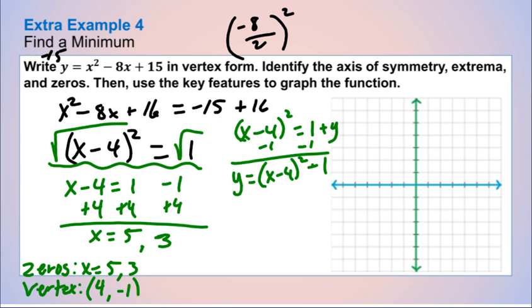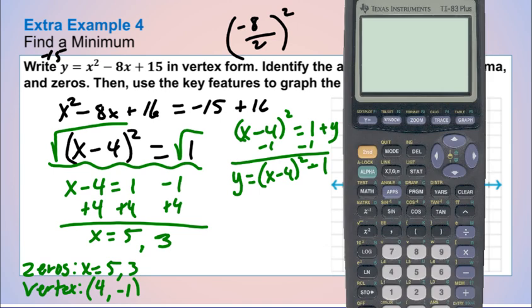Now if I go to my calculator, we're going to graph this original one that they have here. So x squared minus 8x plus 15. And I'm going to do second graph to see my table of values.